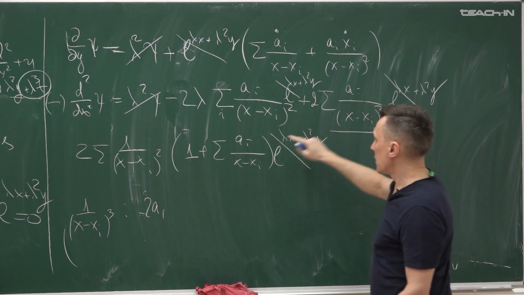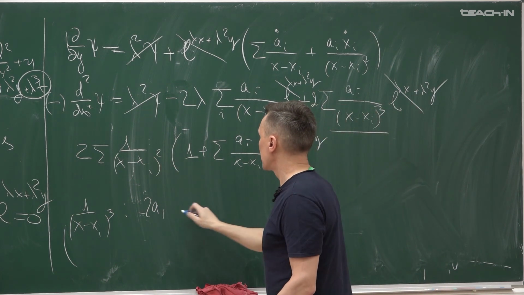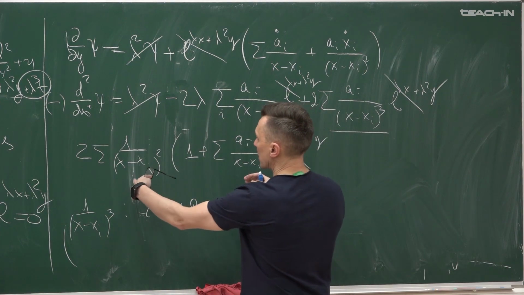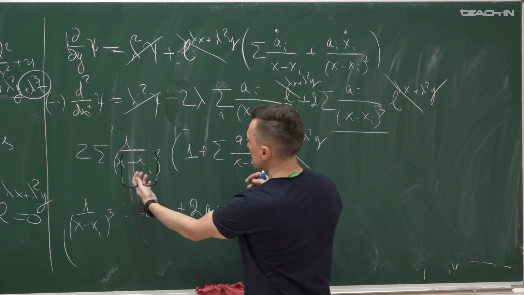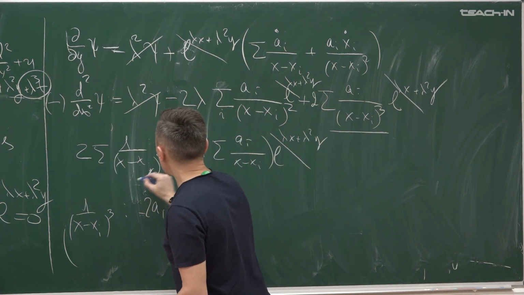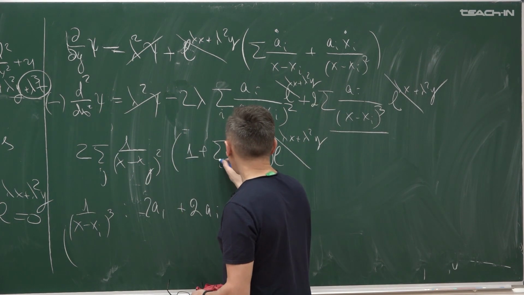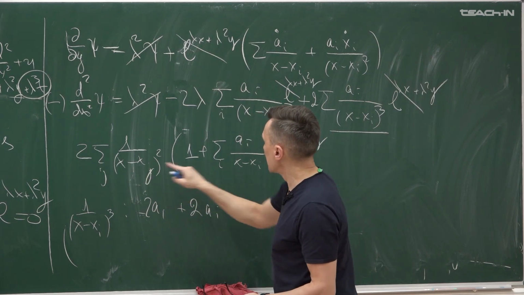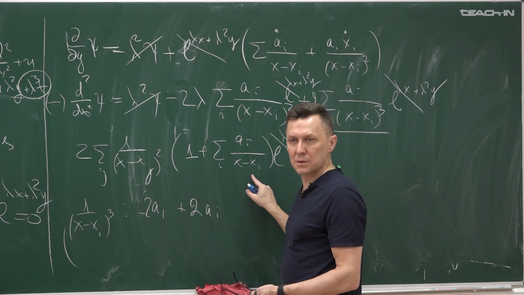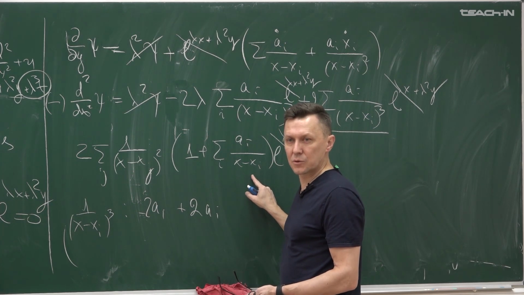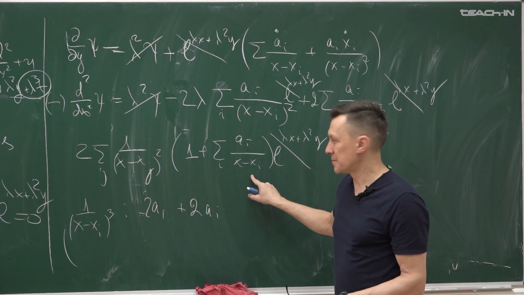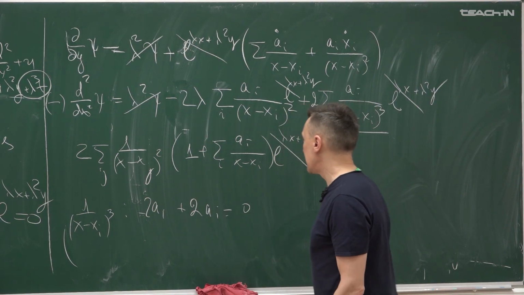Okay. And here we have the same, plus 2ai. So to collect the pole of order 3, we have to multiply the summand with the same index. Agree? Do you agree? Okay, so this is 0.